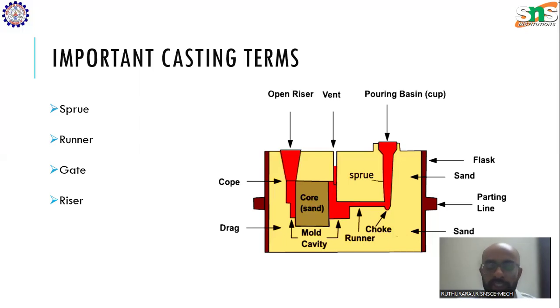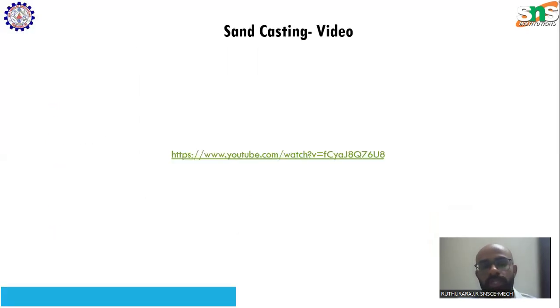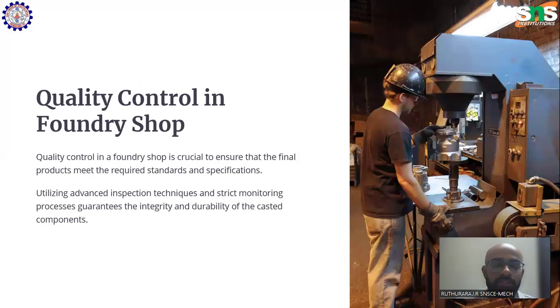Before that, you have to ensure that the designated quality is achieved. That can be done with the help of the quality checking process. As you can see in this image, they are using a hardness tester to measure the hardness of the casting, whether it is to the specified quality or not.